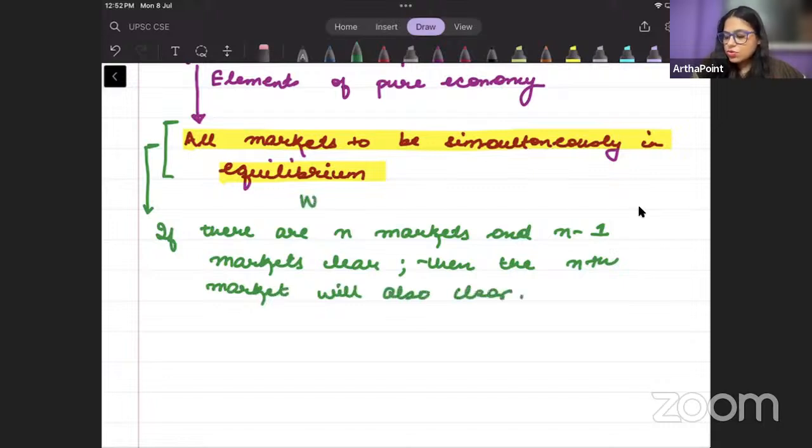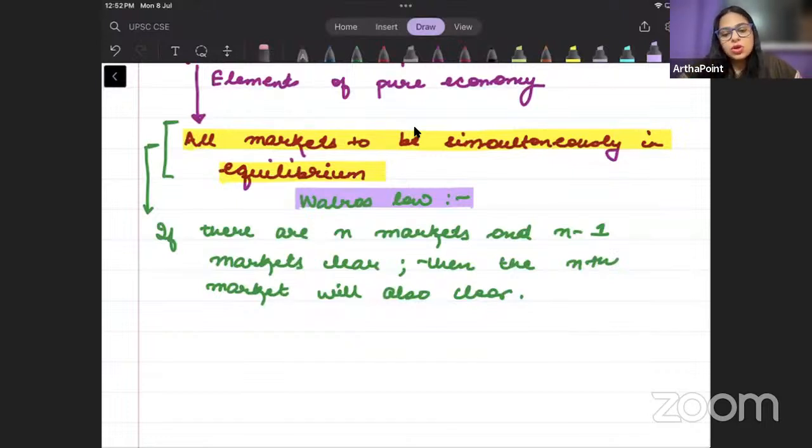And this came to be known as his law, right? So he said, look, if there are n markets and n minus 1 of them are clearing, then the nth market will also clear itself. And this came to be known as the Walras Law. This is what we have called the Walras Law, right?